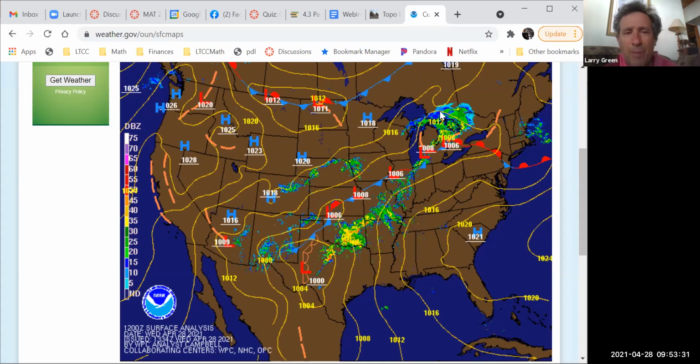So if you have a high partial derivative with respect to Y, wind. So what you're going to have in this case is a southerly wind because we're going from high pressure to low pressure as you go south.